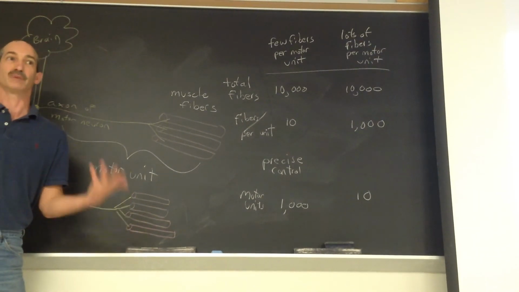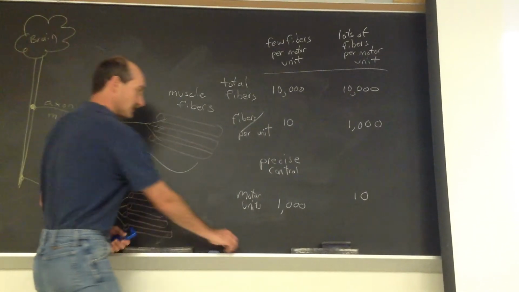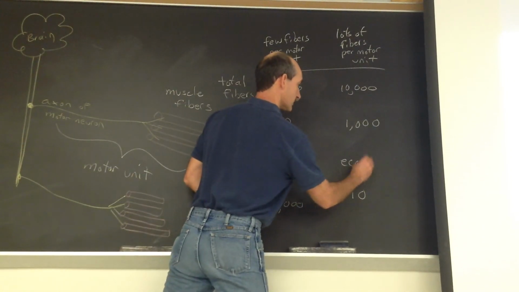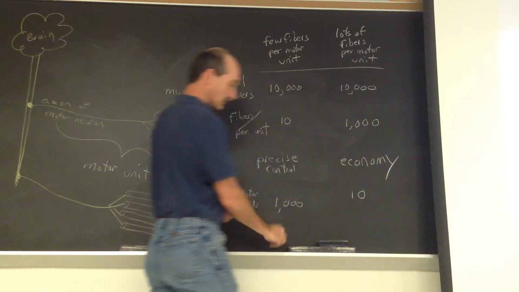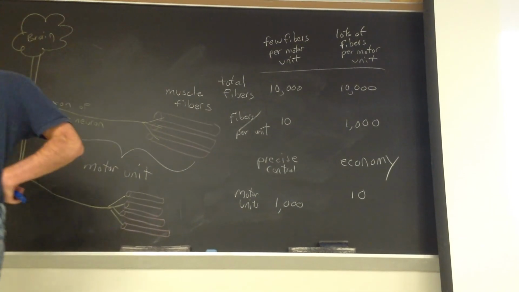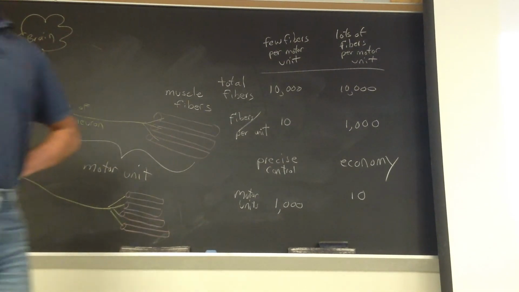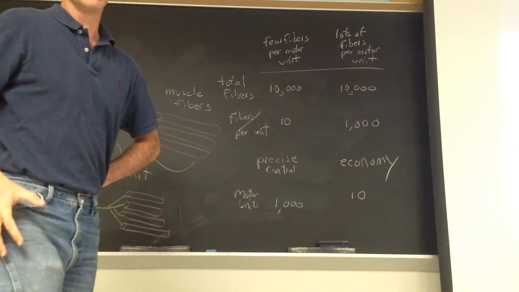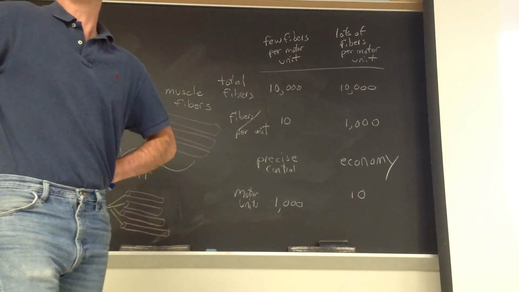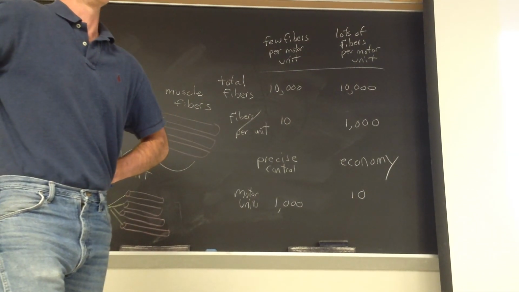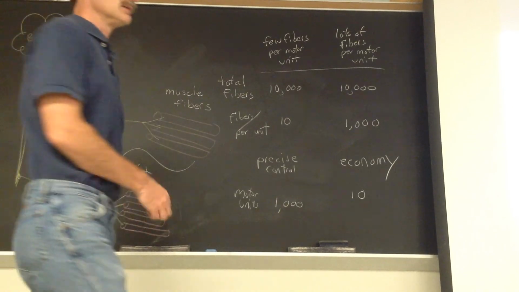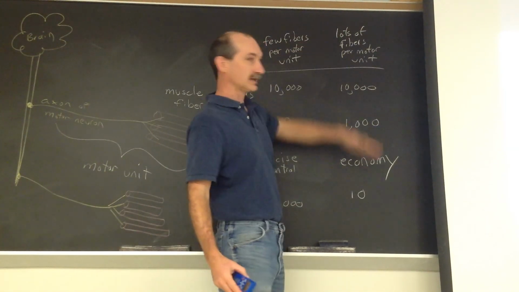Neurons take up space. This provides economy of neurons in space. As it is right now, the sciatic nerve, the largest nerve in your body that controls most of your thigh and leg, is about 1 inch in diameter. So it's pretty big. It's made up of motor neurons that are like this.